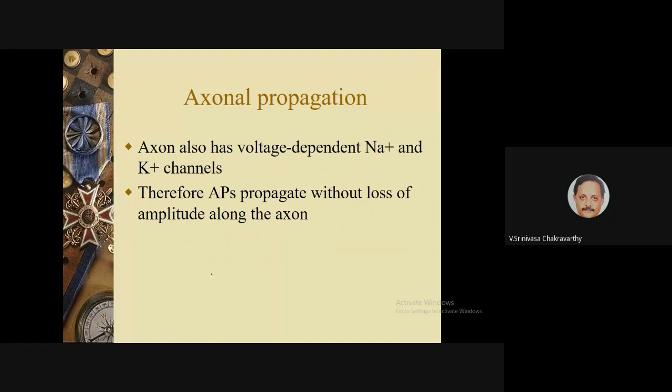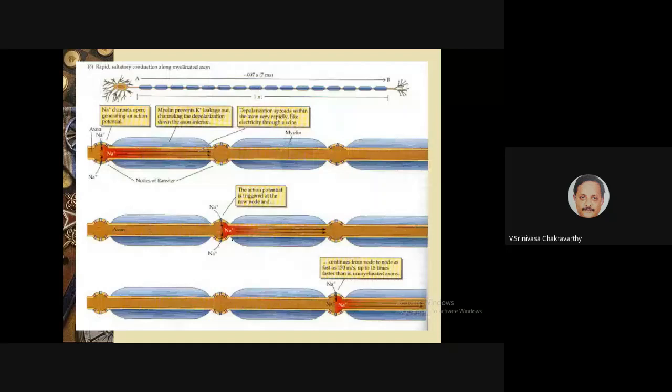Then, like I was saying last time, once an AP is generated in the axon hillock, it propagates down the axon, and the action potential propagation along the axon is intact. It doesn't lose its amplitude and shape, and that's because of the presence of voltage sensitive sodium potassium channels, which are present all along the length of the axon.